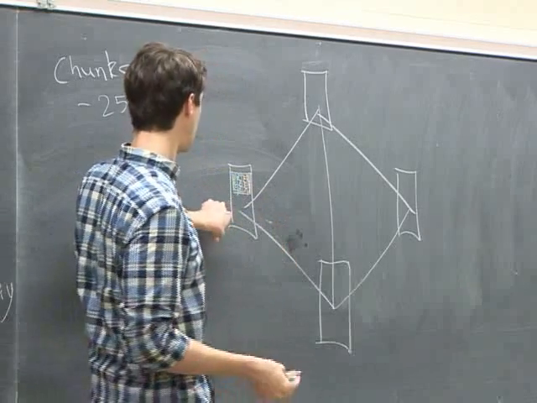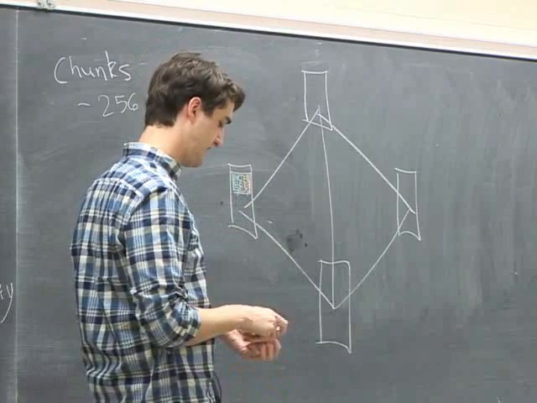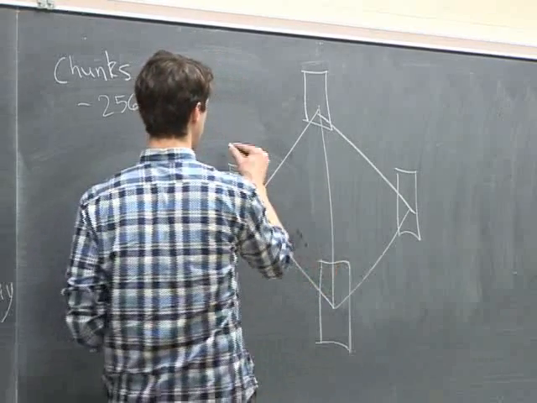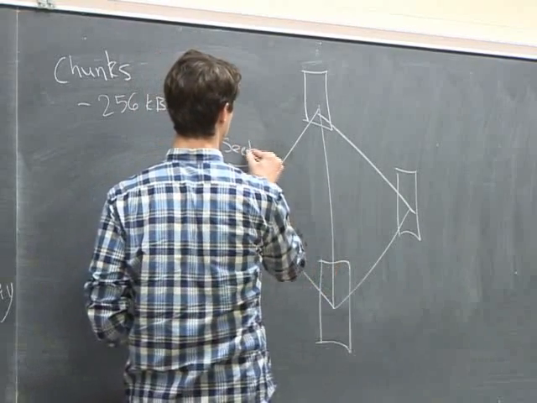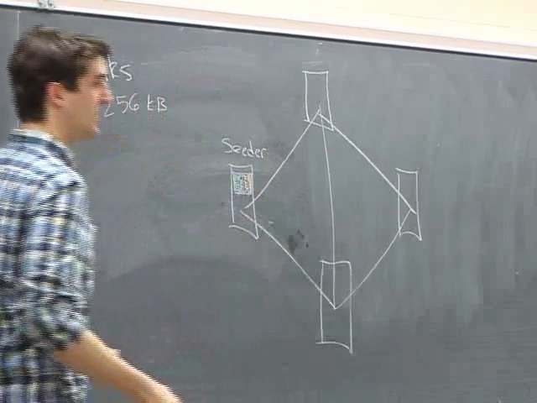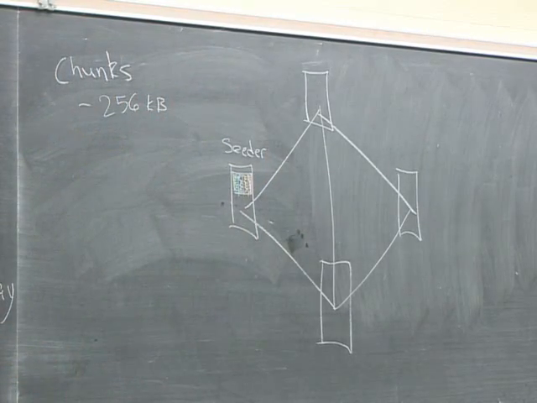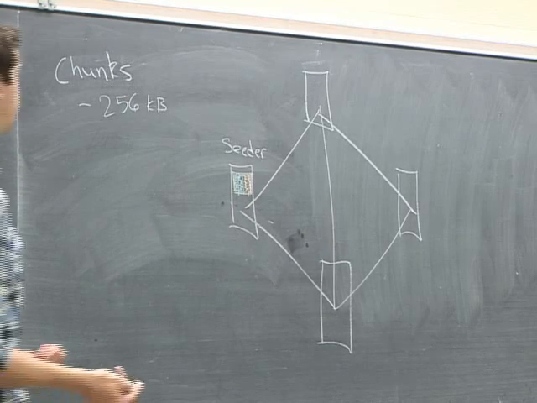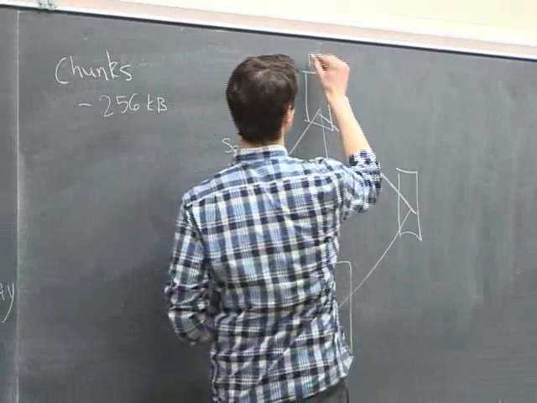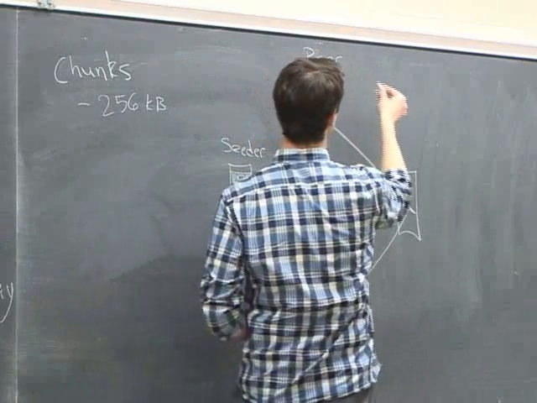So this node has the file, and it's initially uploading it, and so it's called a seeder. Seeders are peers that have the entire file and are just uploading to other peers, okay? Whereas peers are typically uploading and downloading.